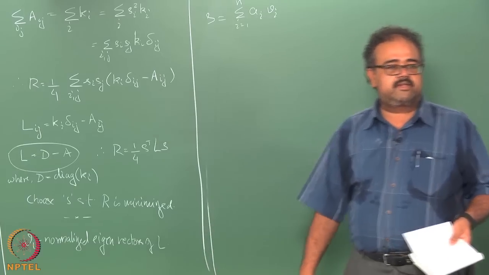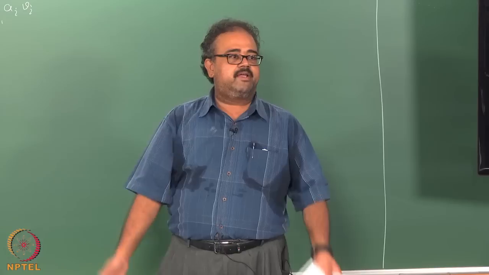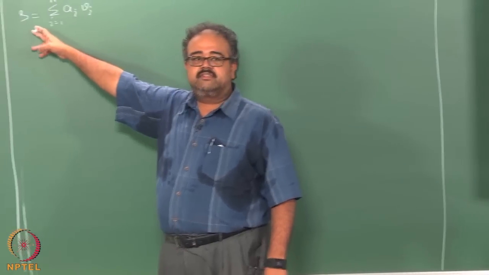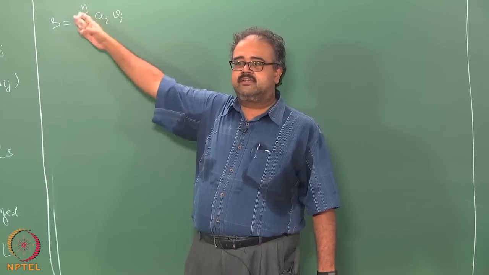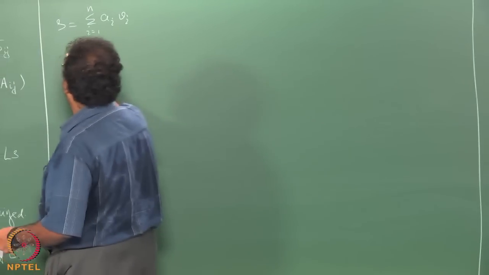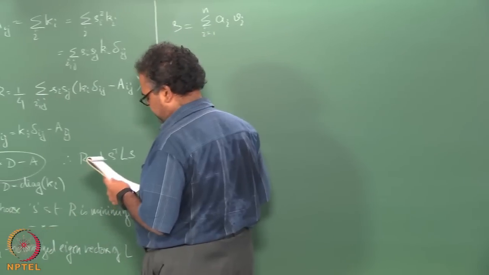I have the eigenvectors, they are going to span my n dimensional space, so I can take any point S in the n dimensional space and write it as a combination of the eigenvectors.